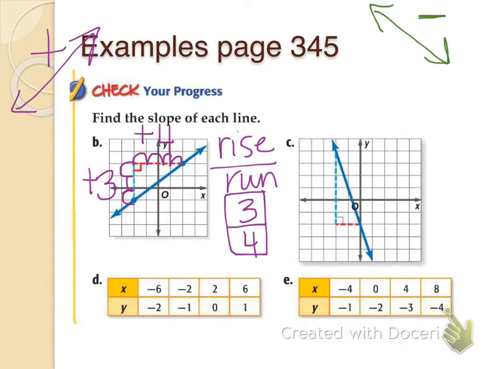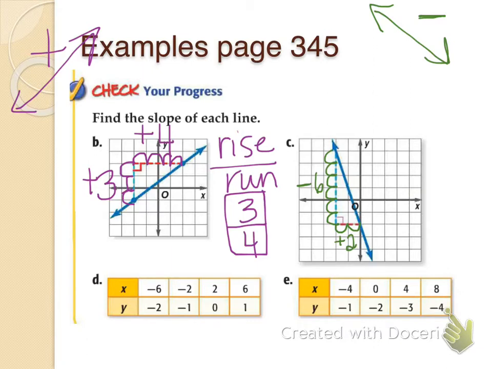Always start on your line and move to the corner of your triangle, your slope triangle. So I'm starting on the line and I'm going to go 1, 2, 3, 4, 5, 6. Down 6 tells me -6. And then from there I move 1, 2 to the right. So that's a +2. So since I moved down, it was negative.